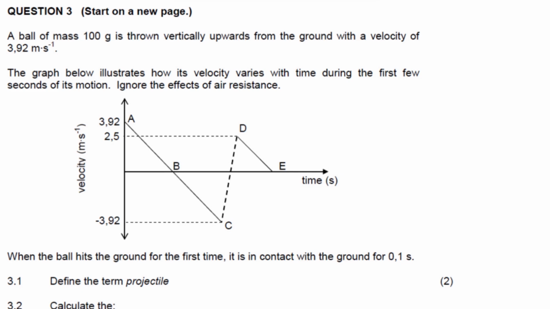So if you look at the graph there, it was thrown at 3.92. What's happening to the velocity? It decreases to zero. Clearly, this is the ground. This is what is happening there.